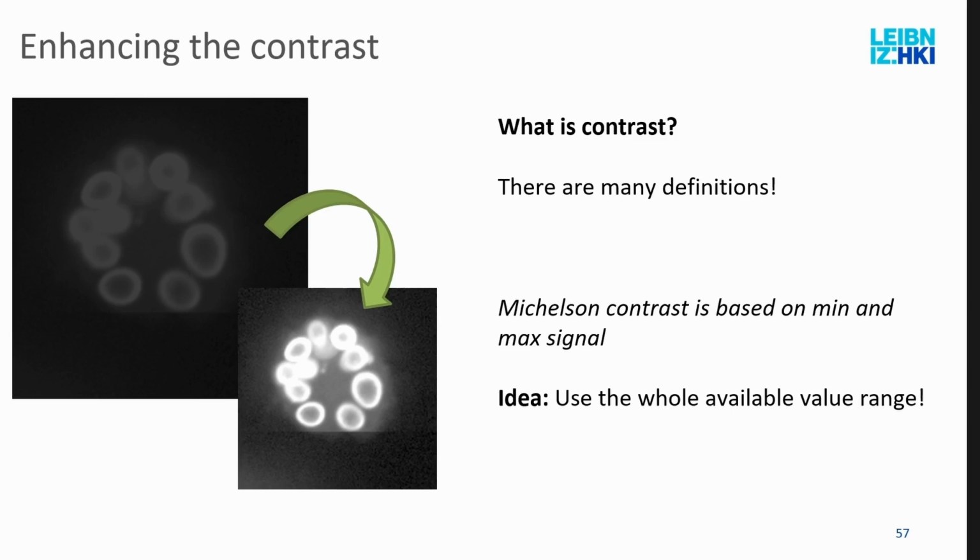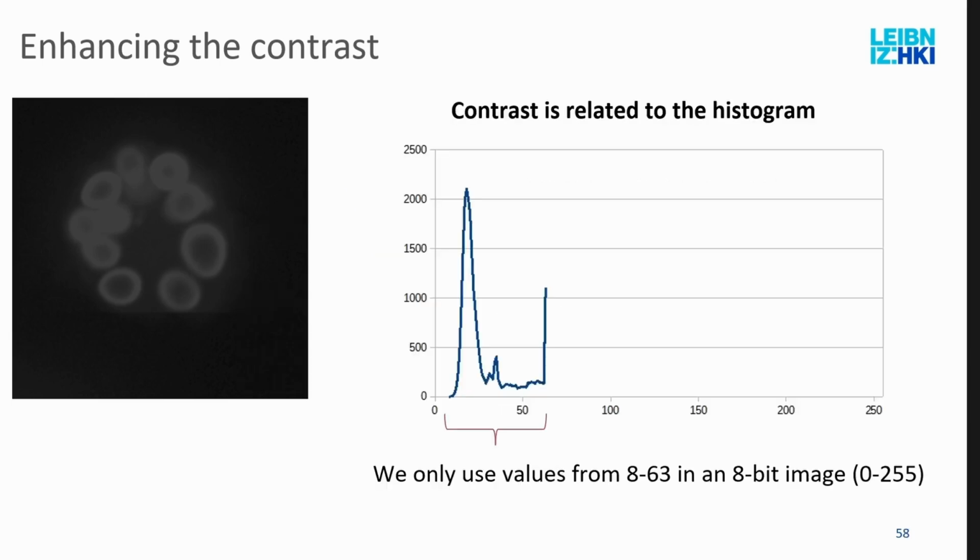So I made this image here super dark, and we obviously don't use its whole value range. We almost don't see it on the screen, because we have a value range from 8-bit here, 0 to 255, but we actually only use values from 8 to 63. And this is why you cannot really see it.